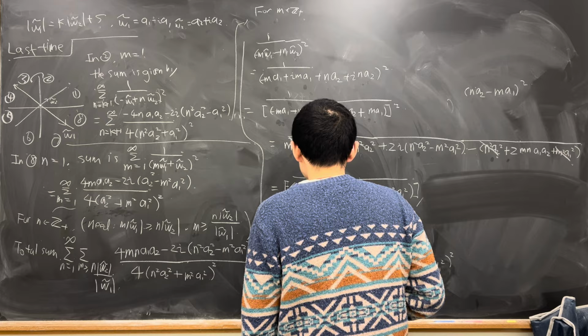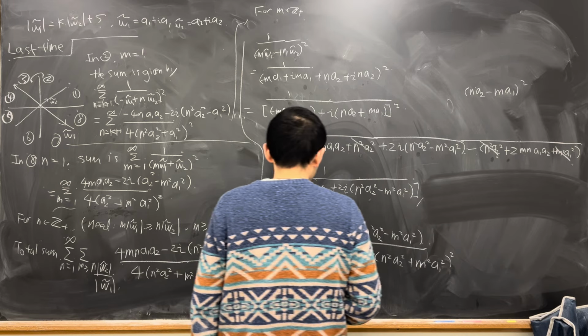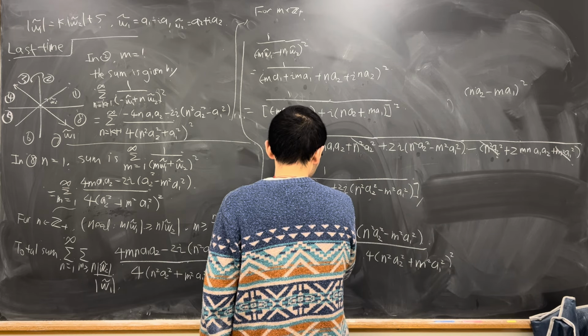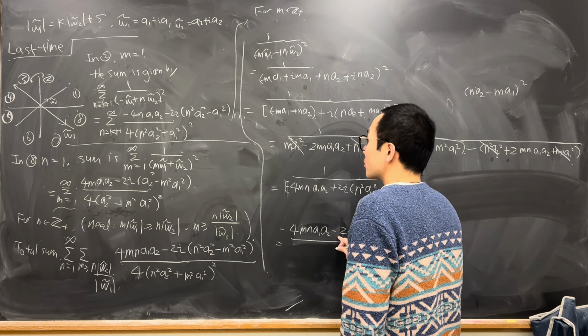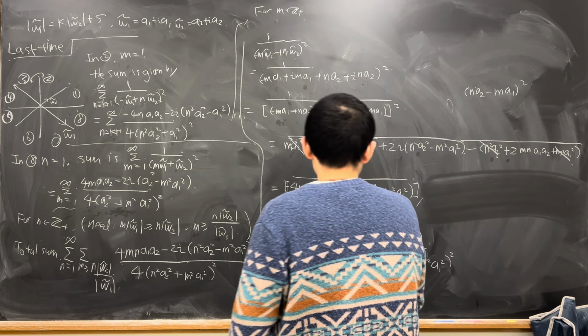And then we multiply by the conjugates. So multiply by the conjugates is the same thing, right? Okay.